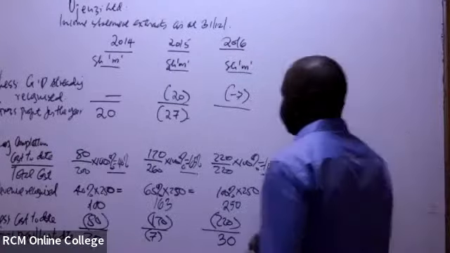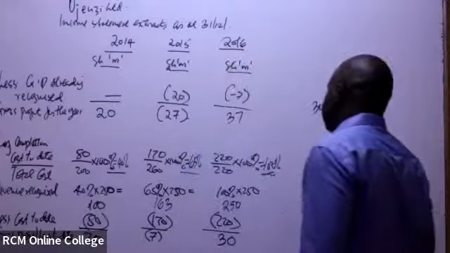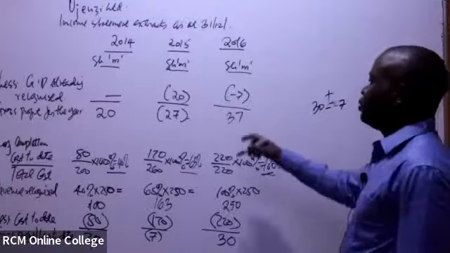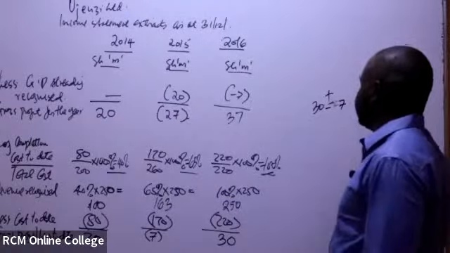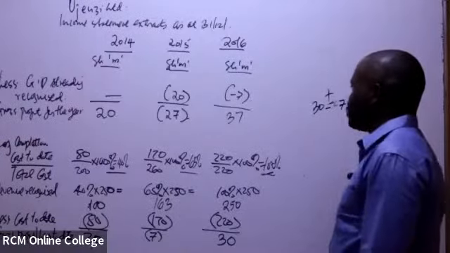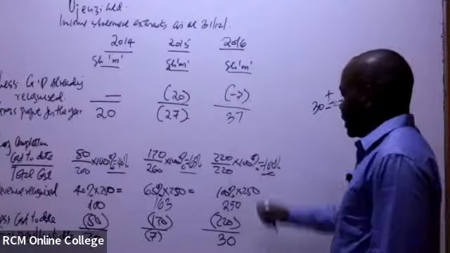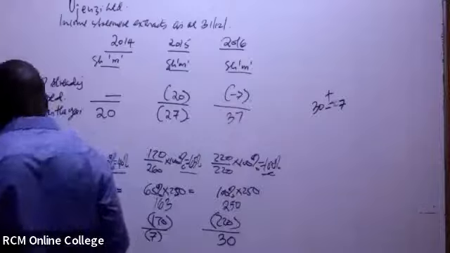It will be 37. This one is you minus a negative, so it is minus minus. In mathematics, two negatives give you a positive. So it comes to 37.